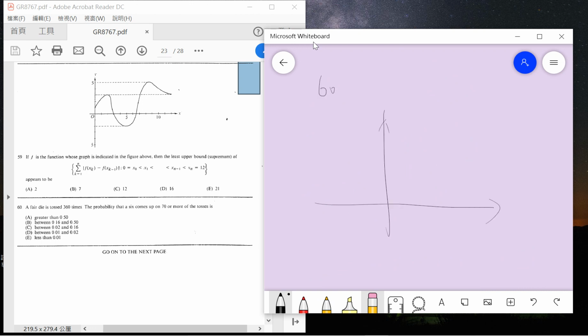A die is tossed 360 times. The probability that a 6 comes up 70 or more times is... Okay, so basically you need to know, what is the key?